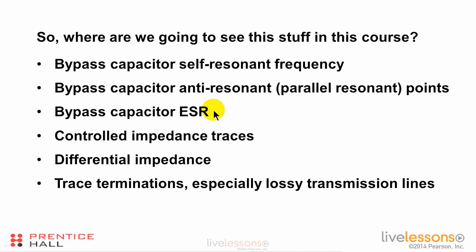So bypass capacitor ESR is going to play an important role, we will find. Controlled impedance traces, differential impedance, and trace terminations, especially when we get to lossy transmission lines.